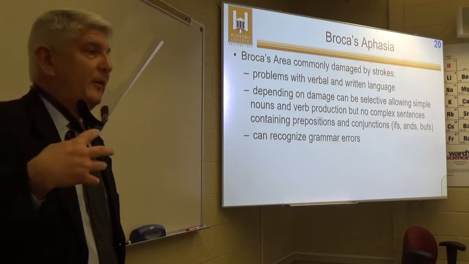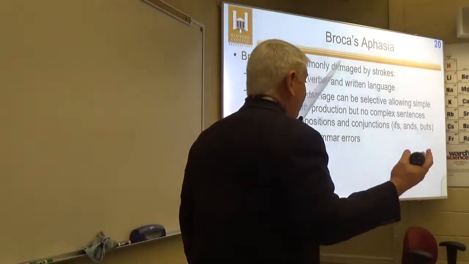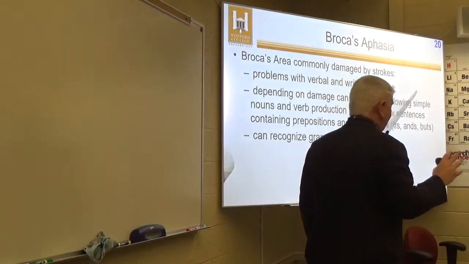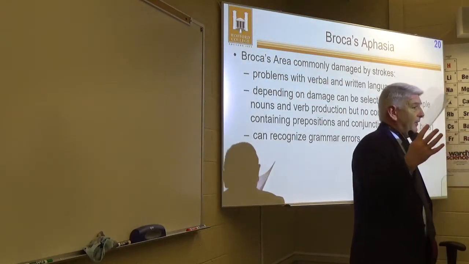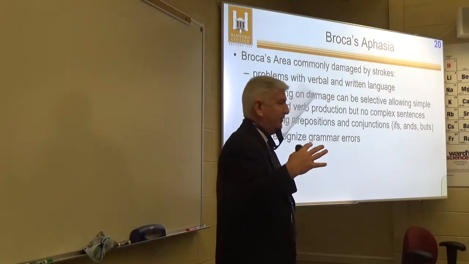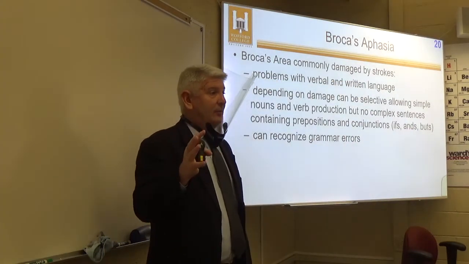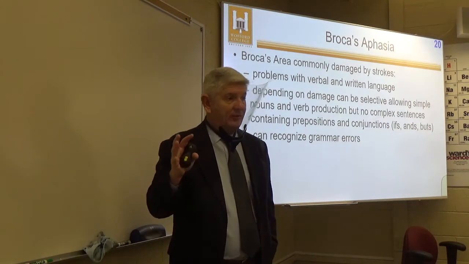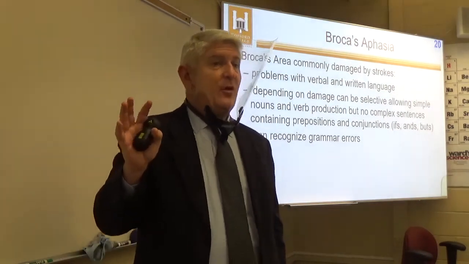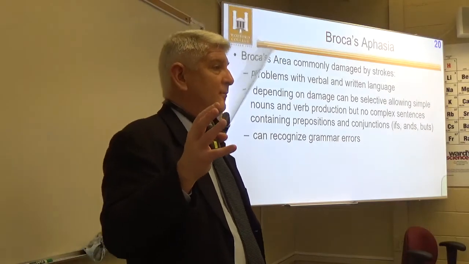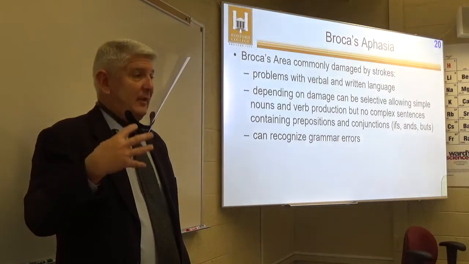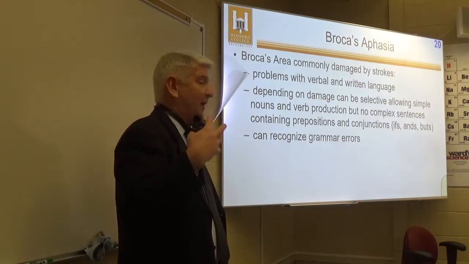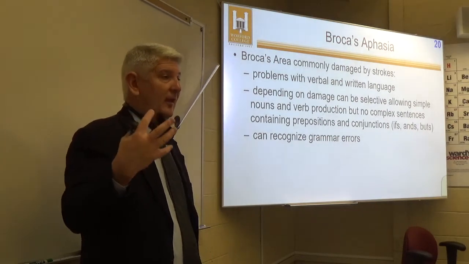So the original patient that Paul Broca, a French neuroscientist, discovered this area with, had a stroke in this area of the premotor cortex, and was only able to say the phoneme "tan." That was the only production he could do. Tan was all he could say.